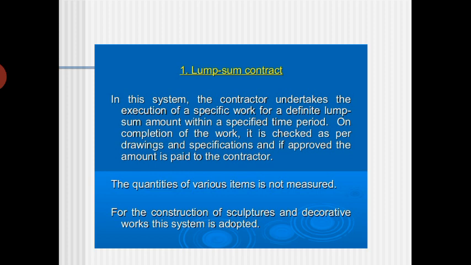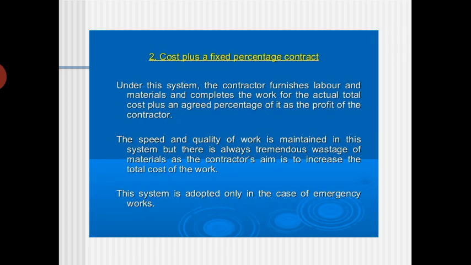The first one is the lump sum contract that we already discussed. In this kind of system, normally a lump sum quantity of work will be assigned and a lump sum quantity of money will be given, and they have to complete it within the stipulated time. The second one is the cost plus fixed percentage contract.